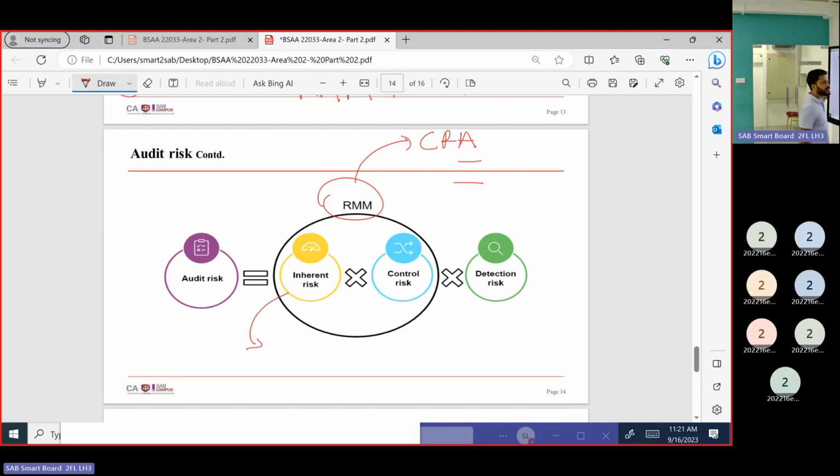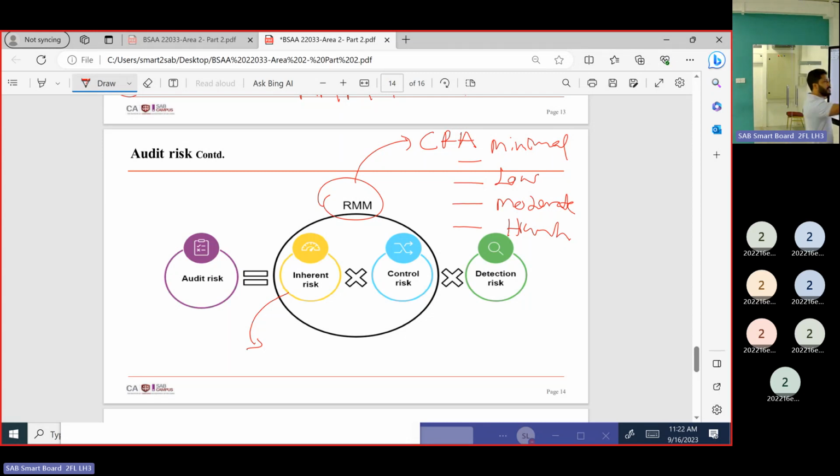It may be minimal risk, low, moderate, or high. Minimal risk level, low risk level, moderate risk level, high risk level.